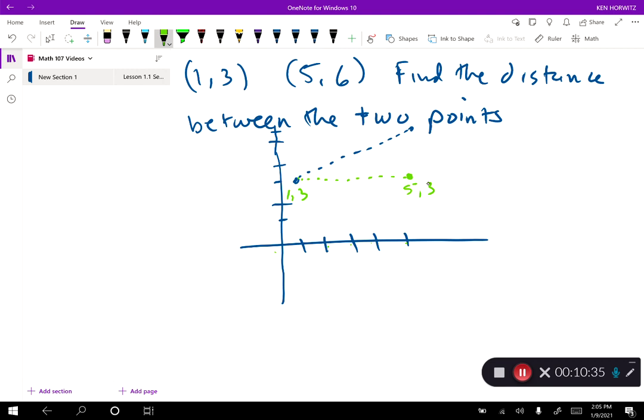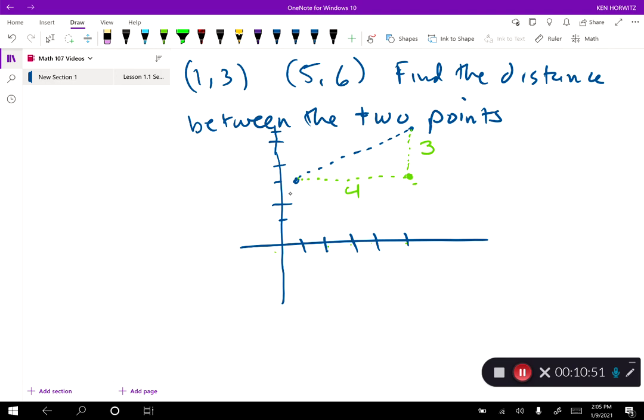So this horizontal distance is 4 units. We also know this vertical distance because I'm at (5, 3) and that point up there is (5, 6). So we know that is 3 units.